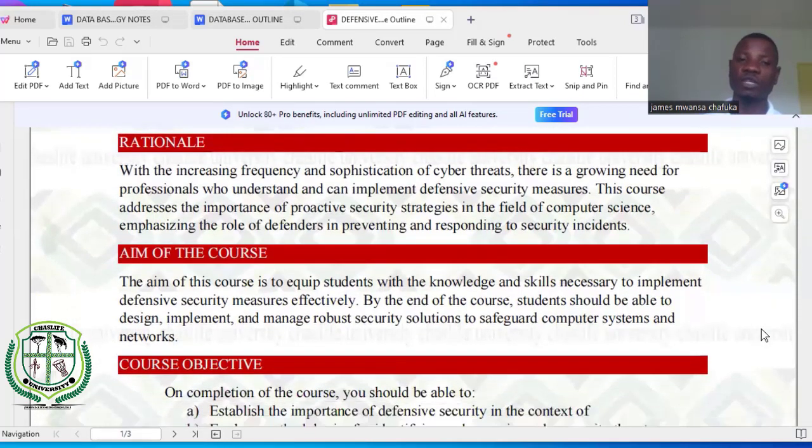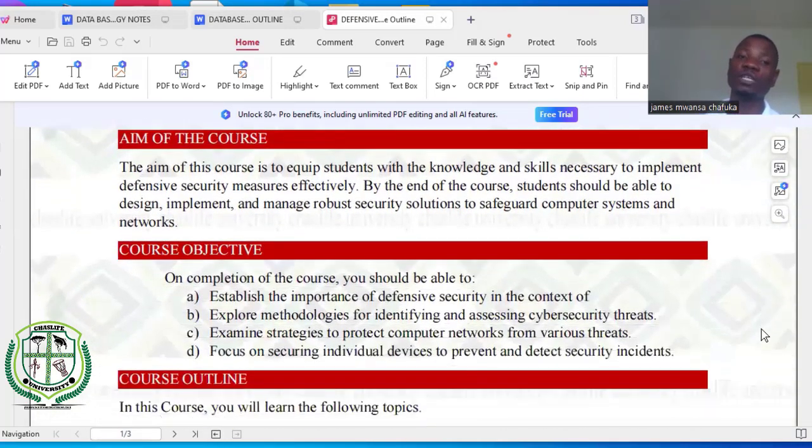Let us also proceed by looking at the objectives of defensive security. The learners and the students will be able to establish the importance of defensive security in the context. They will also be able to explore methodologies for identifying and assessing cybersecurity threats.